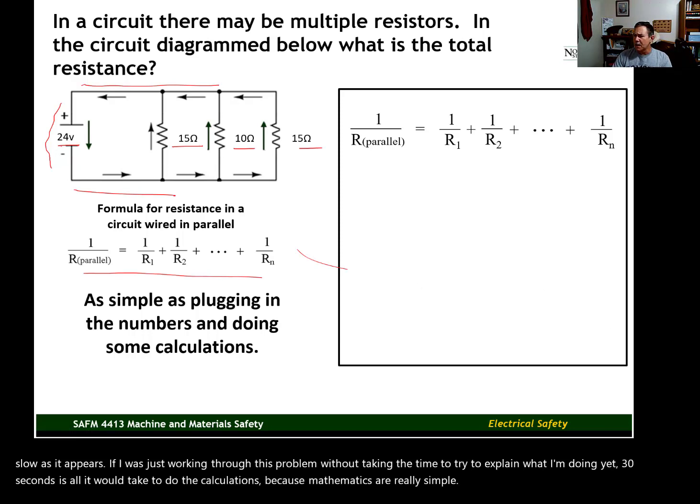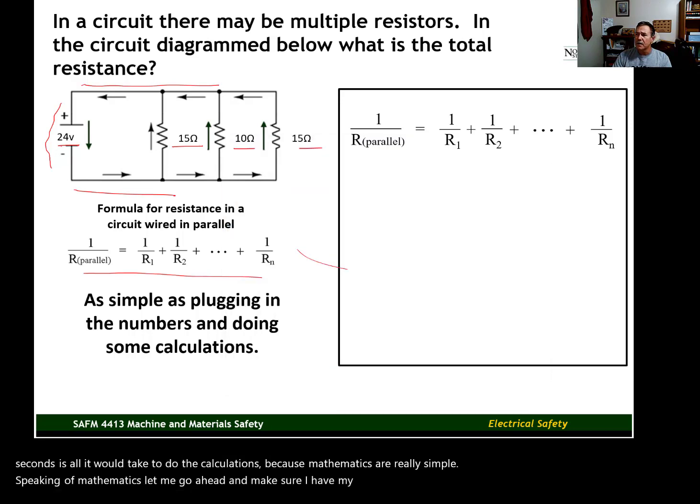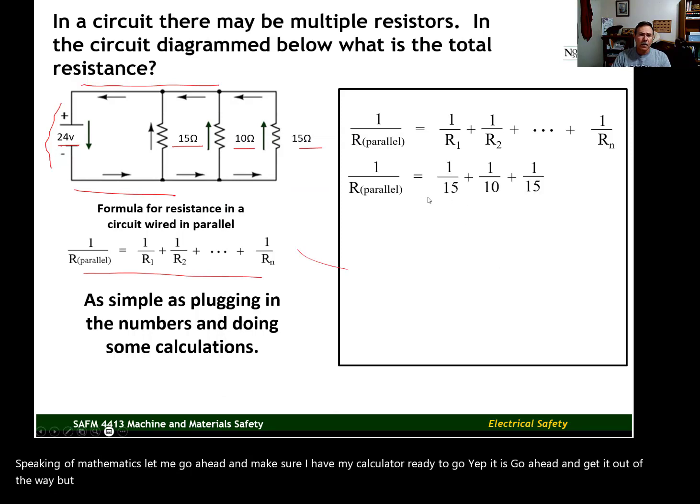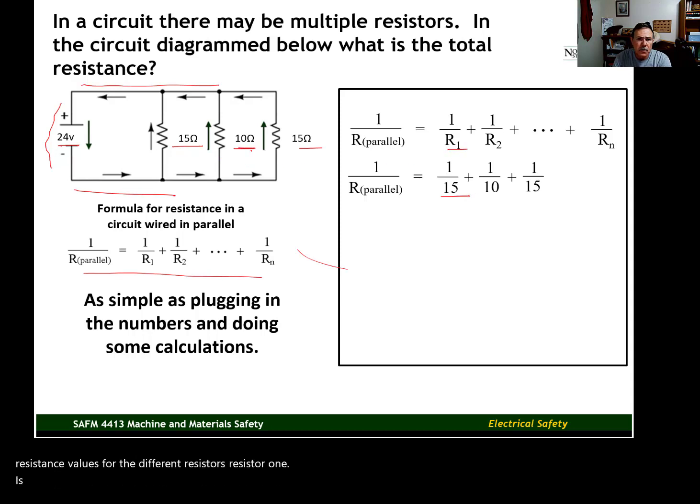Speaking of mathematics, let me go ahead and make sure I have my calculator ready to go. Yep, there it is. But first step, write down your formula. The next step, you're going to plug in the resistance values for the different resistors. Resistor 1 is 15 ohms. Resistor 2, 10 ohms.